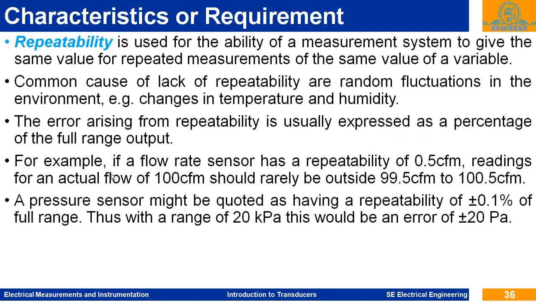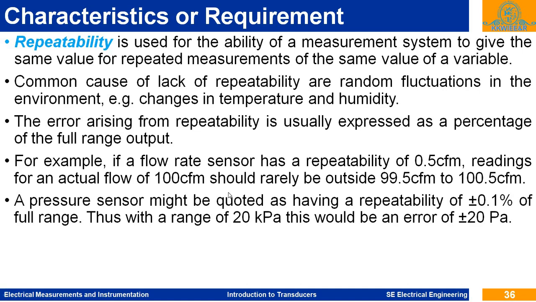Okay. The error arising from repeatability is usually expressed as a percentage of the full range output. So for example, if a flow rate sensor has a repeatability of 0.5 CFM, cubic feet per minute, readings of an actual flow of 100 cubic feet per minute should rarely be outside 99.5 CFM to 100 CFM.